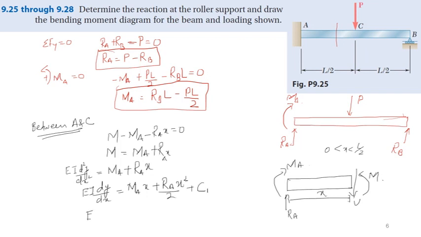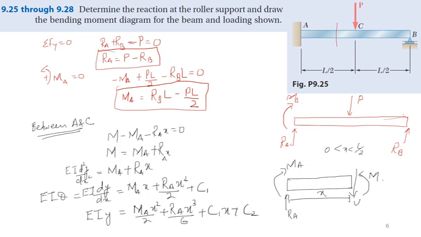And if I further integrate, EI y equals MAX squared by 2 plus RAX cubed by 6 plus C1x plus C2. Okay, these are the equations for slope and deflection for the section between A and C.